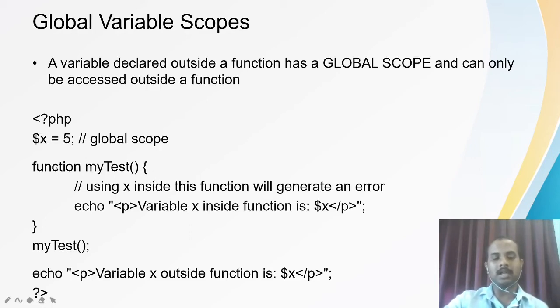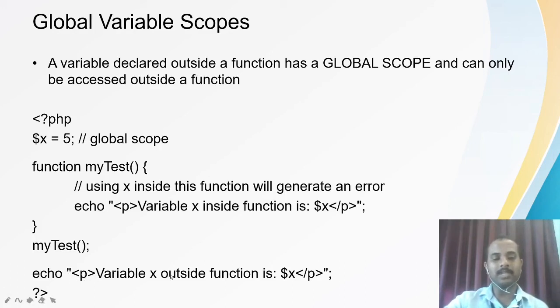Even though $x is global, it will not have access inside the function, because it got declared outside the function. It is alive, but it cannot be accessed by the function.